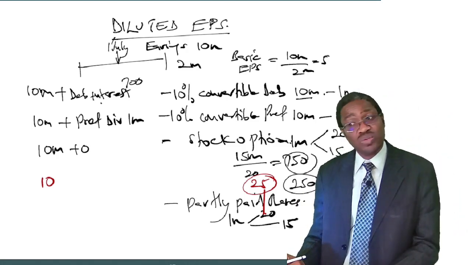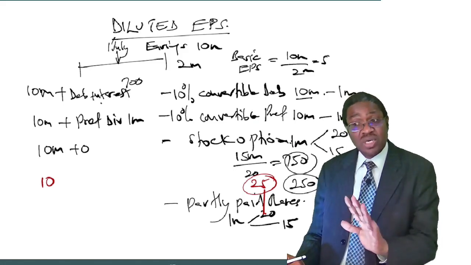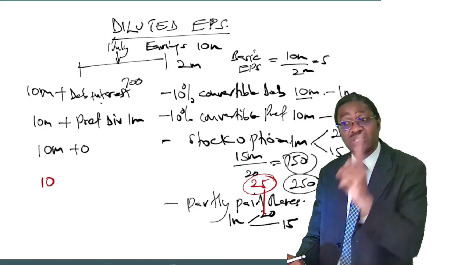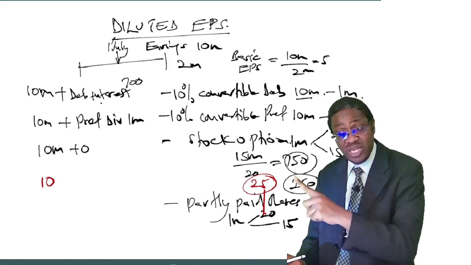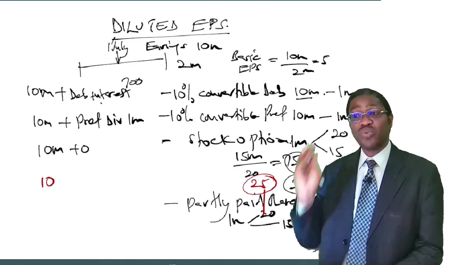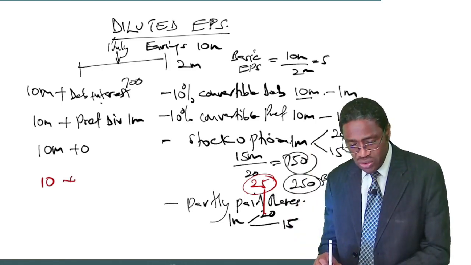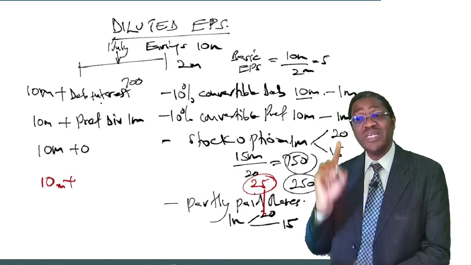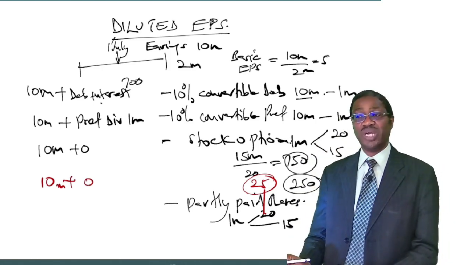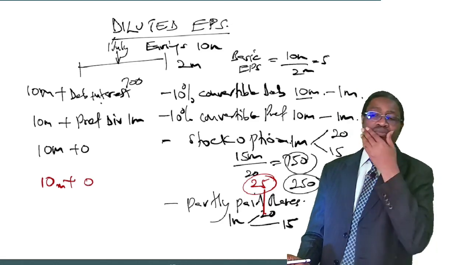We say no, it doesn't change. Even when they bring in the balance of 5 million, which is 5 shillings per share times 1 million, the earnings of the company will not change. So as far as dilution is concerned, the earnings will still remain 10 million. That's what I'm hoping you remember.